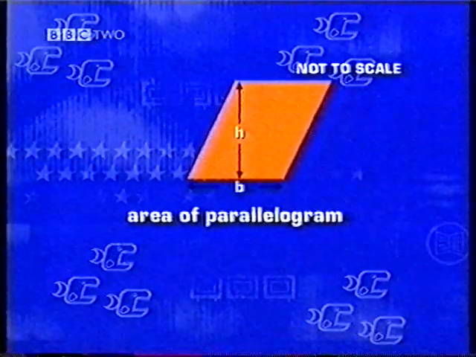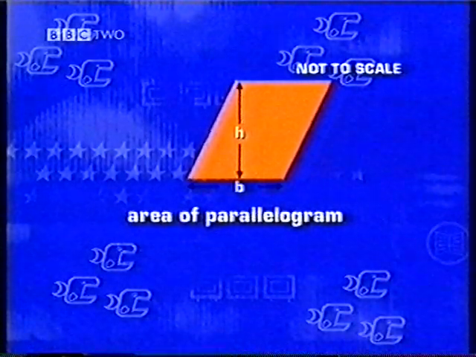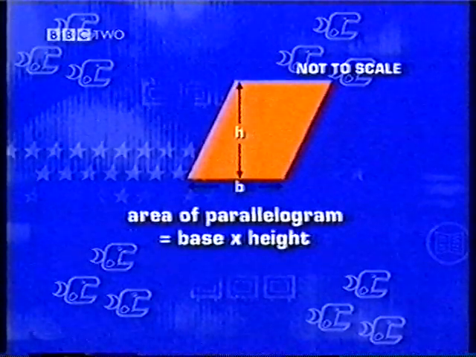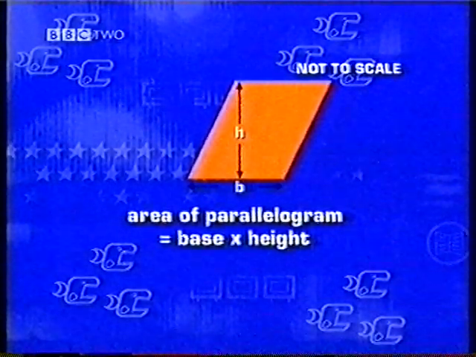The area of a parallelogram is base length b times height h, or b times h. Let's take another look at that triangle. Let's copy it, rotate the copy through 180 degrees and join it to the original triangle. Now we've made a parallelogram.